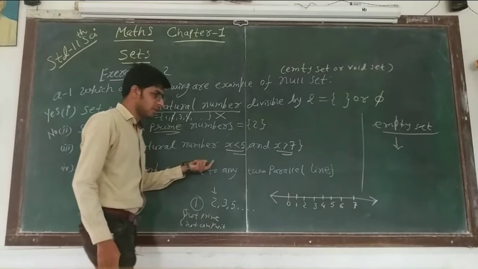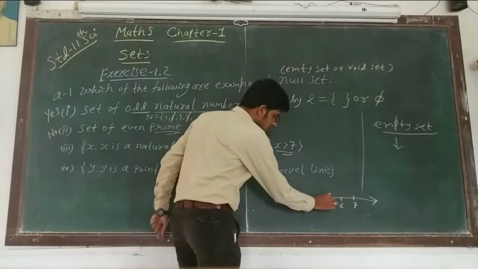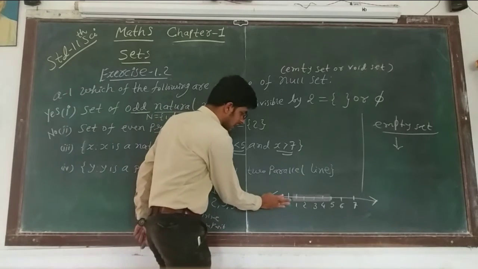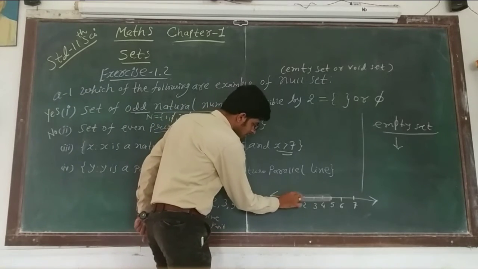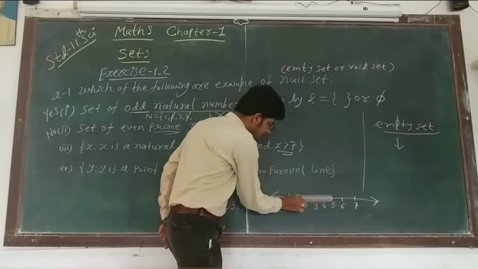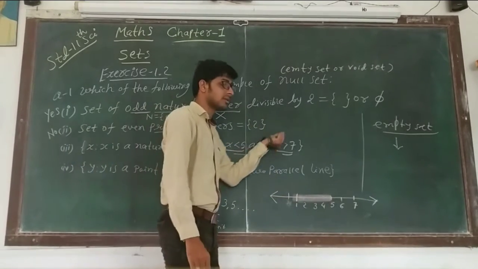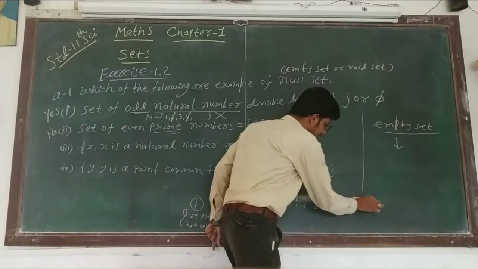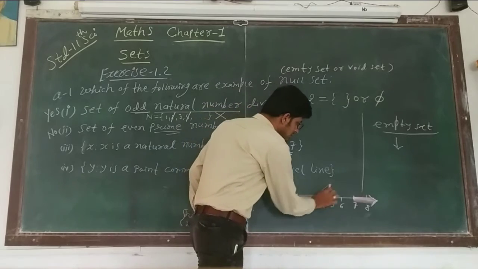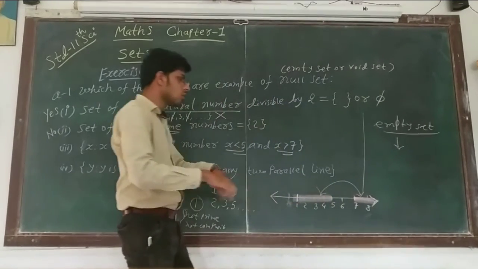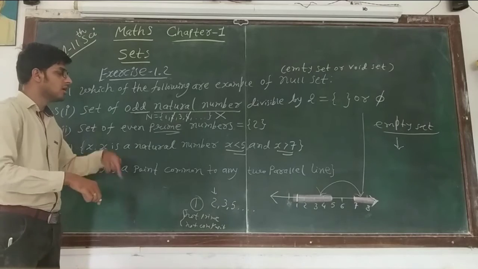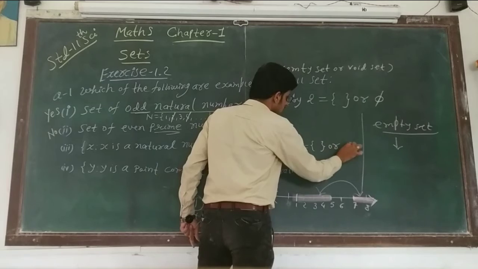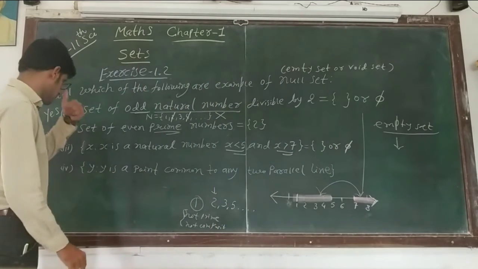We write which numbers are less than 5, all natural numbers, so it starts from 1, up to below 5, and x greater than 7, so above 7. In the two sets there are no common points simultaneously. So the set is a null set, denoted by phi. So the answer is yes.